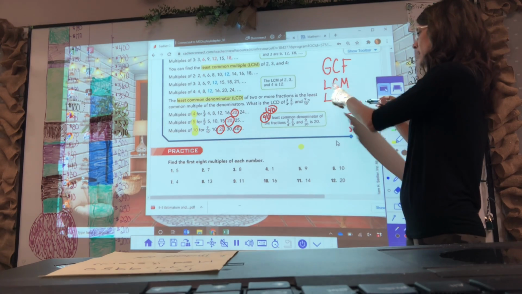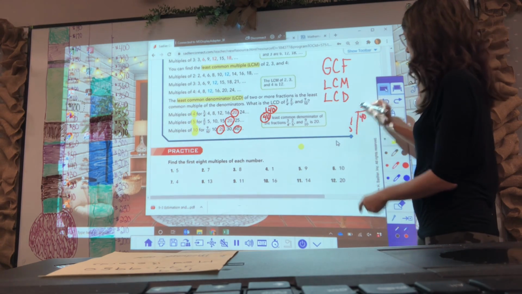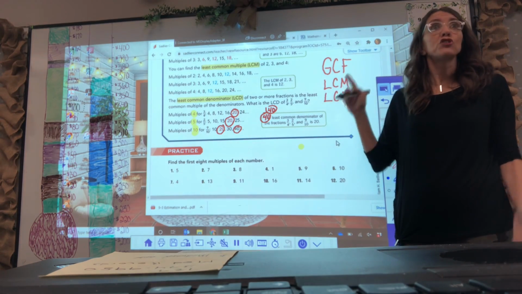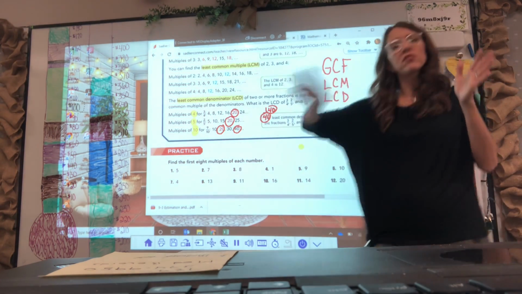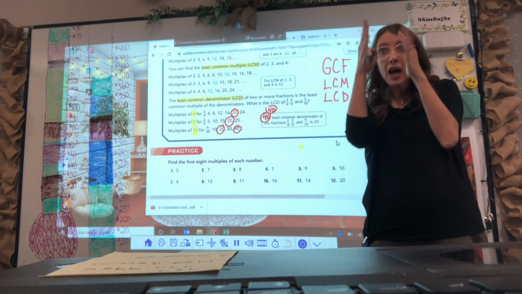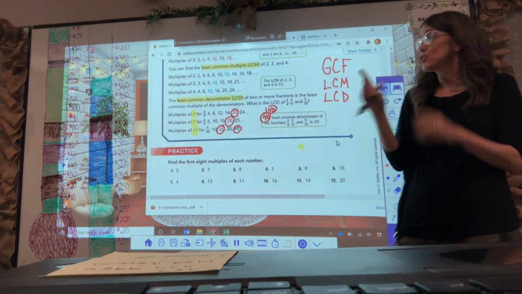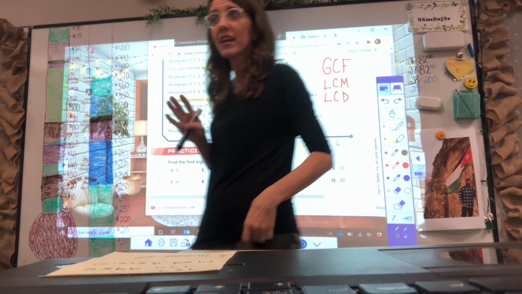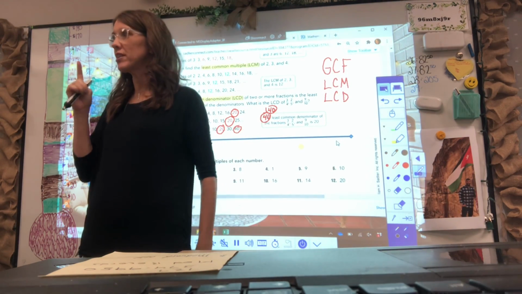Or when it goes to the opposite end of the spectrum, you are looking for least common multiples. So you're going to do all the multiples of one, all the multiples of another, all the multiples of another. You're going to find the common ones and find the least. So these initials are really important that you know. That's where vocabulary and math kind of go together.